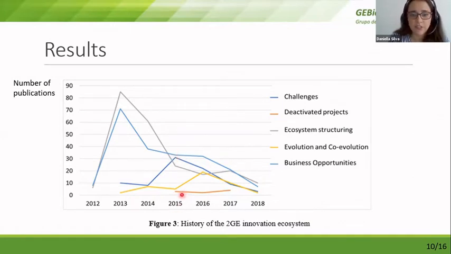In 2015, we started to see information and news about deactivated projects. We also can see this yellow curve showing the evolution and co-evolution of these projects. The yellow curve represents the news about the solutions found by companies to deal with these challenges. This is what we call evolution and co-evolution.